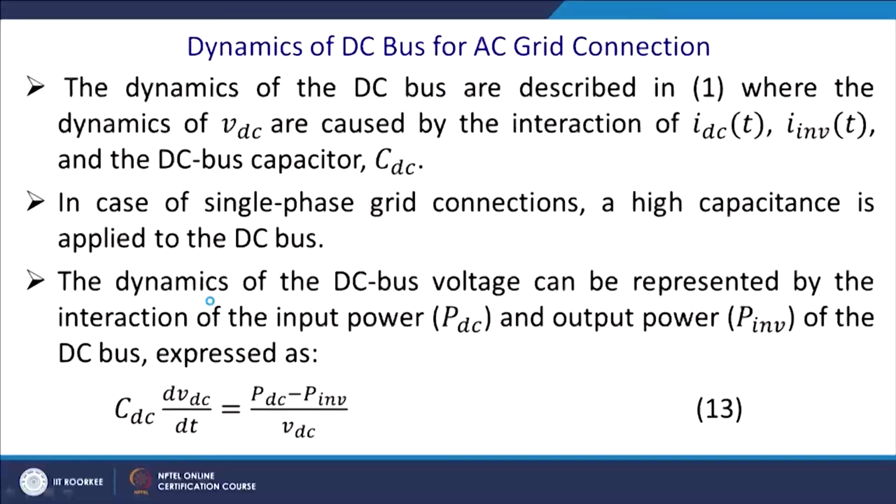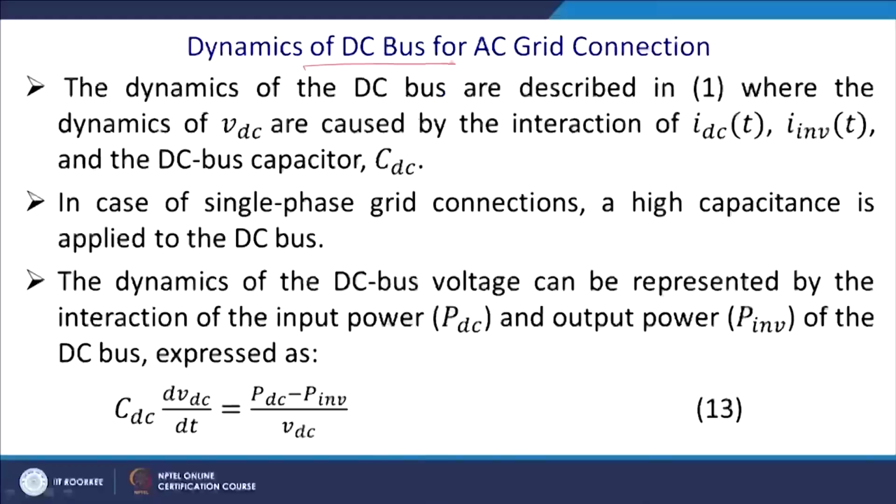Now, let us take the next case, that is the dynamics of the DC bus for the AC grid connection. That means you are connecting to the main grid and you are converting the power from DC to AC.